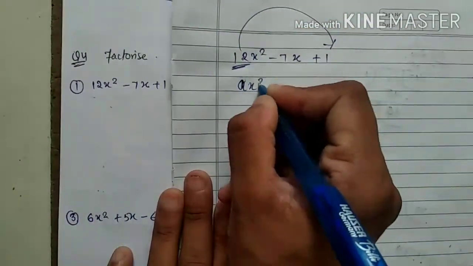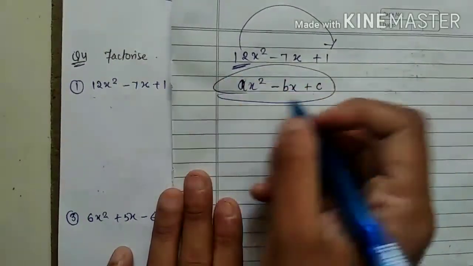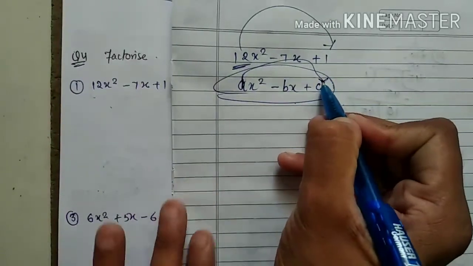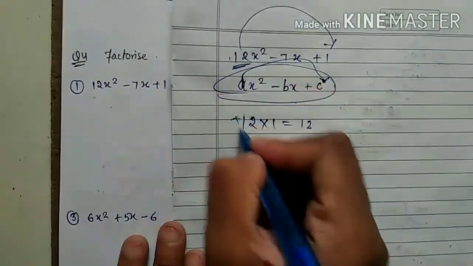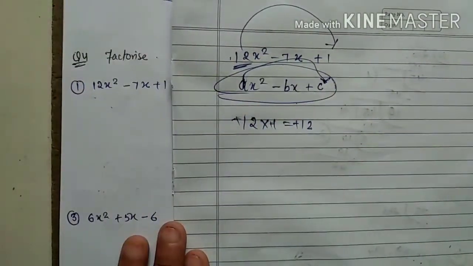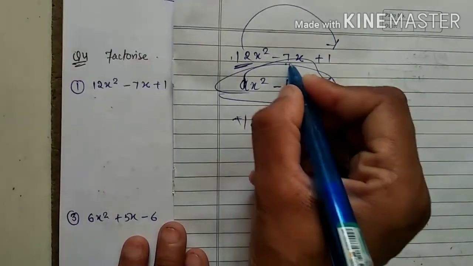You can write ax square minus bx plus c. Correct or not? Correct. So a will multiply with c. So 12 into 1 becomes what? Positive 12. This 12 you have to make into factors. Those factors will give you addition or subtraction as 7.